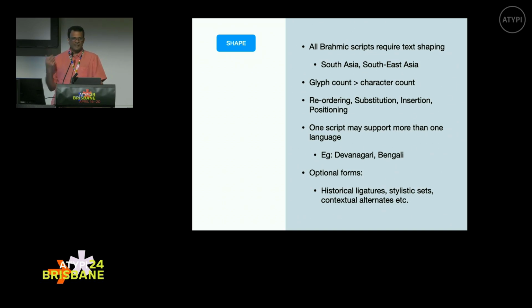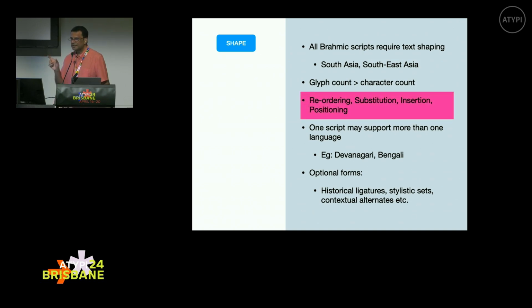Bengali is used to write Assamese, and a few other languages. There are also optional forms. Tamil, for example, has historical forms that were changed just about 50 years ago, and some of the old forms are still used. I still write them in the old forms. And those are features that need to be supported.